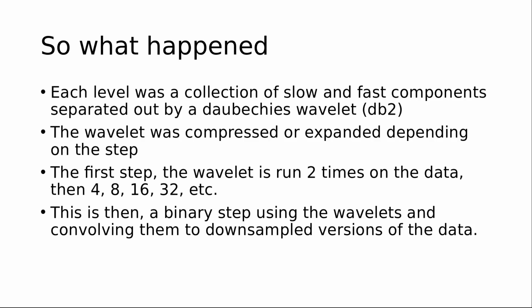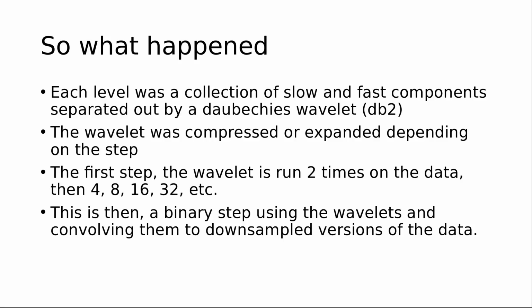Each level is going to be separated into slow and fast components, based off that DB2 wavelet. The description that the wavelet is compressed or expanded depending on each step is actually slightly incorrect. What the software is actually doing, and this took me a long time to figure out, is taking your data and downsampling it. A value of 100 data points will be compressed to a value of 50.